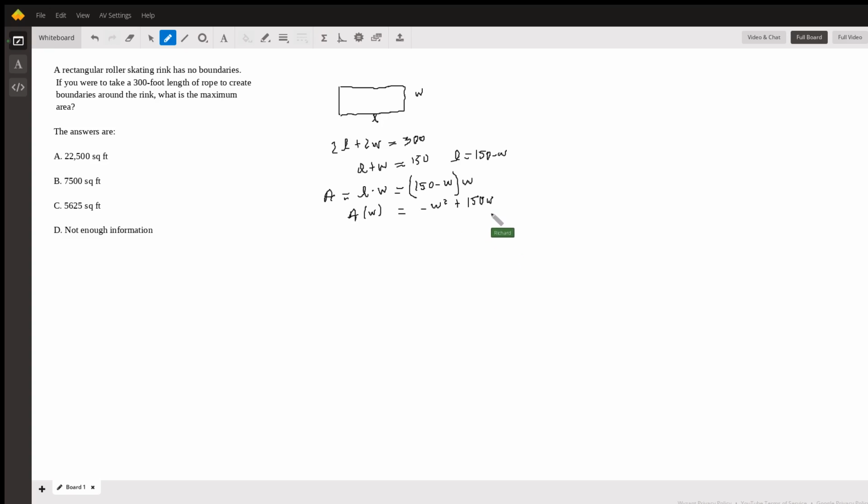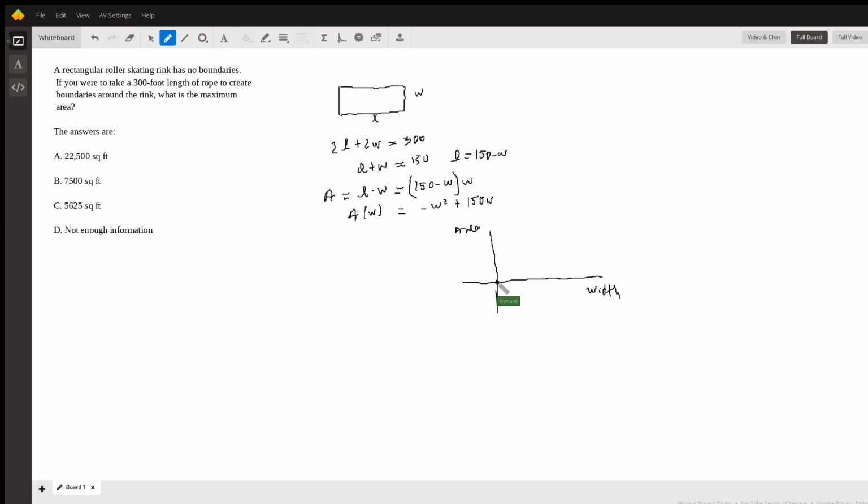Let's go ahead and graph this parabola. We know the parabola goes through the origin because when the width is 0, the area has to be 0. So here's area, and width here.